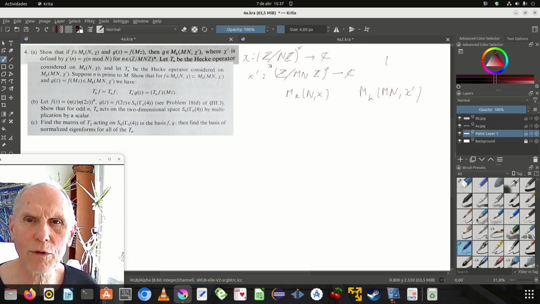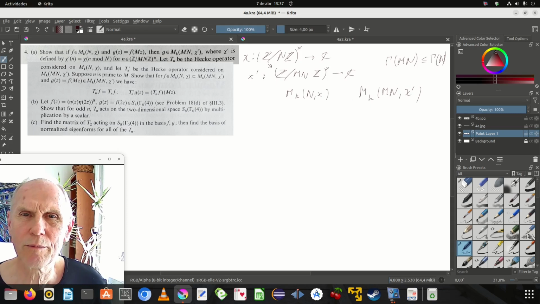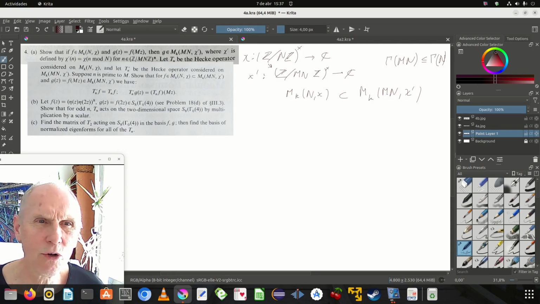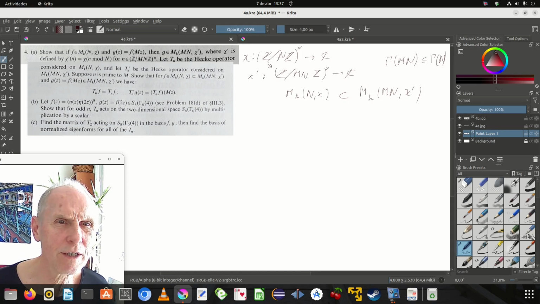And we have, of course, that gamma nn is a subset of gamma n, meaning that this guy is much larger. I hope that's what it states here. Yes.